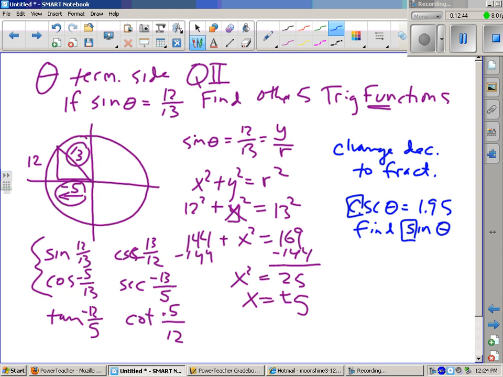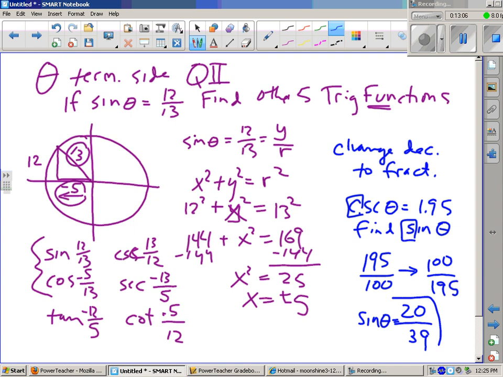But 1.95 is really 195 over 100. So if I flip that over, I get 100 over 195. Divide both by 5s, and I get 20 over 39. So the sine of that angle would be this. Okay, so if you get a decimal, turn it into a fraction. That makes it much easier to flip over.